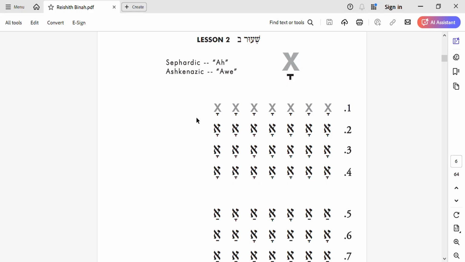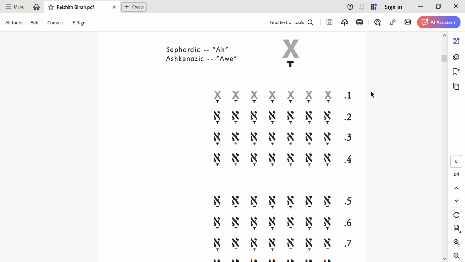There are vowels that are considered long and vowels that are considered short, and so on, but you shouldn't concern yourselves with that, at least at this stage. What we want is to know how to read. So this would be ah.